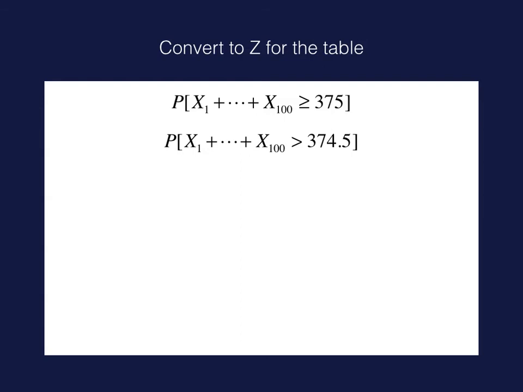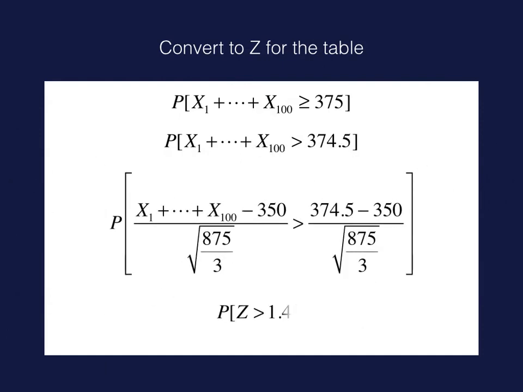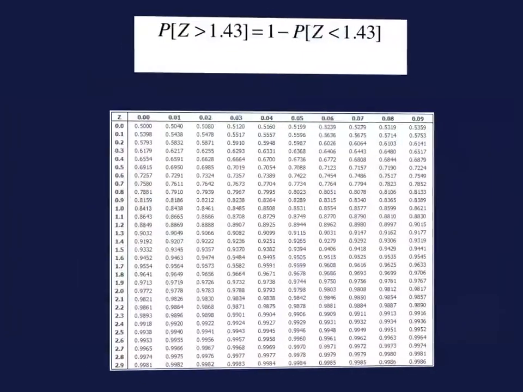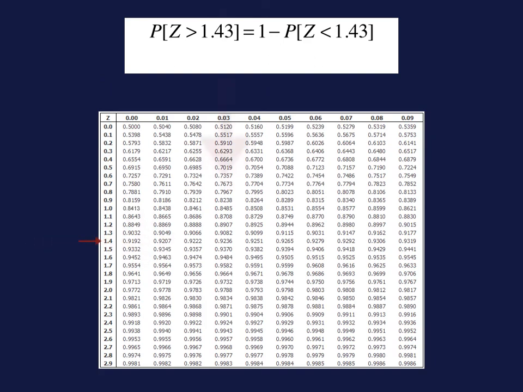Then I'm going to subtract the mean on both sides, which is 350, divide by the SD, which is the square root of the variance. And this gives me z greater than 1.43. So go to the z table, look up 1.43, and subtract that from 1, you get the probability of 0.0764, and that's your answer. It's kind of unlikely.